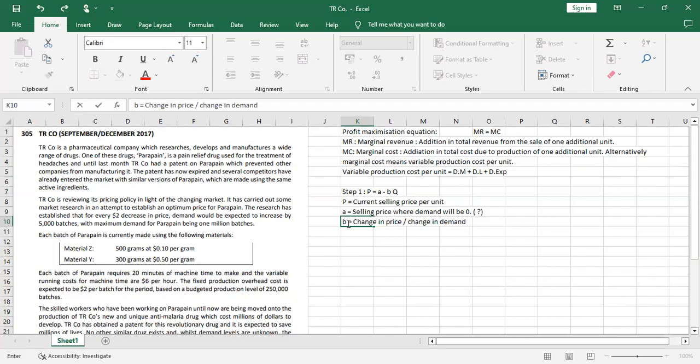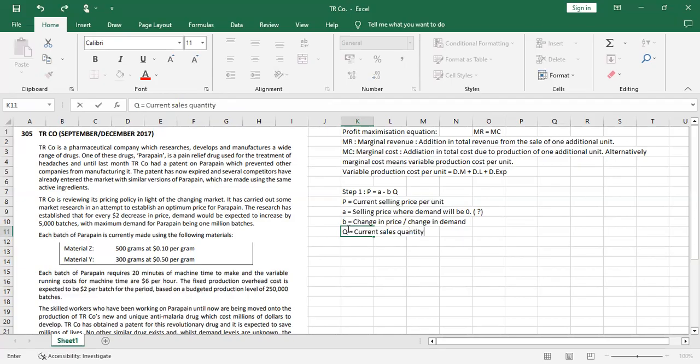The change in price is like, if $2 and change in demand is 5,000. So this is called B: change in price divided by change in demand. And then Q, in step number one, Q stands for current sales quantity.